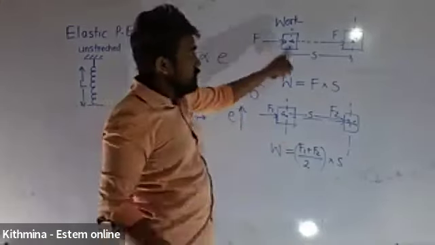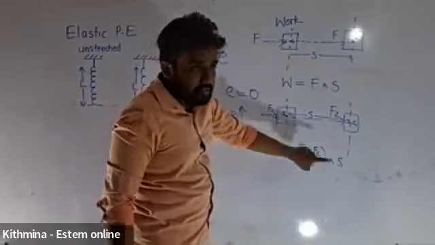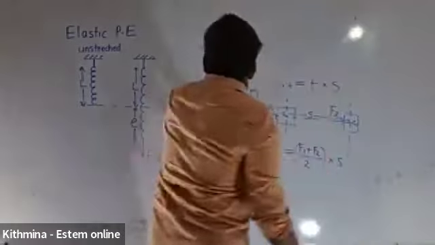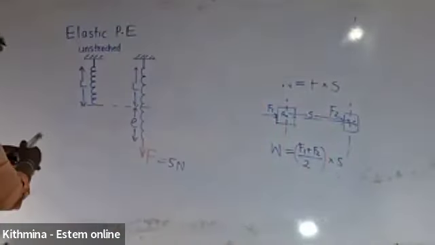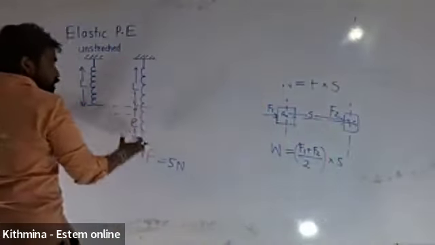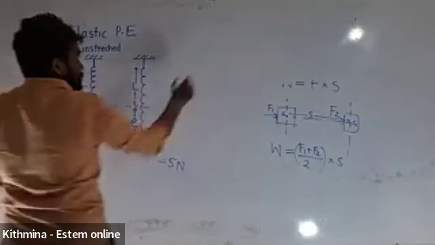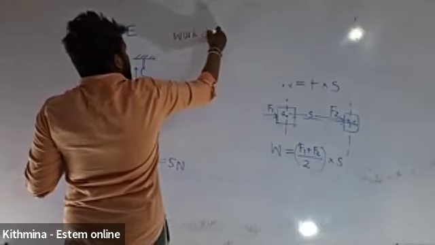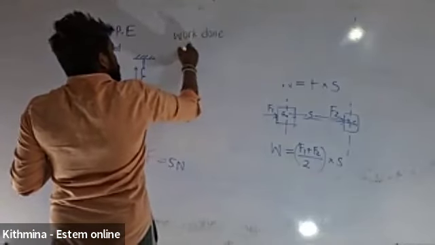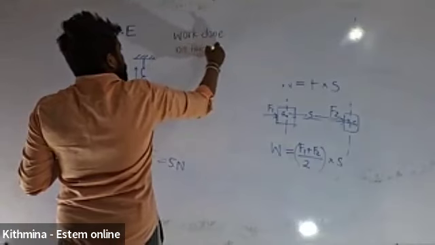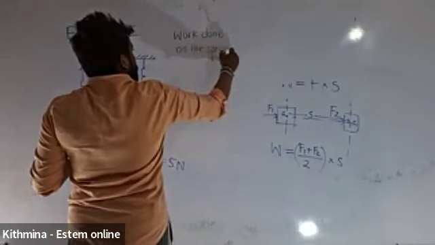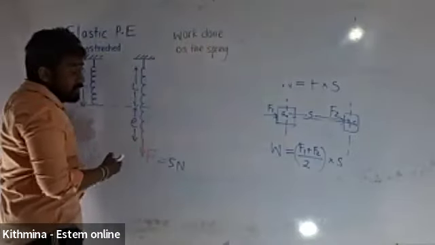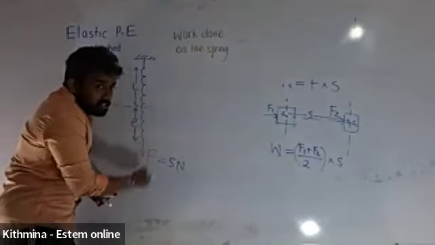Okay. This is F times s, the mean force multiplied by distance. Now in here we are doing some work on this spring. The work done on the spring means stretching this.